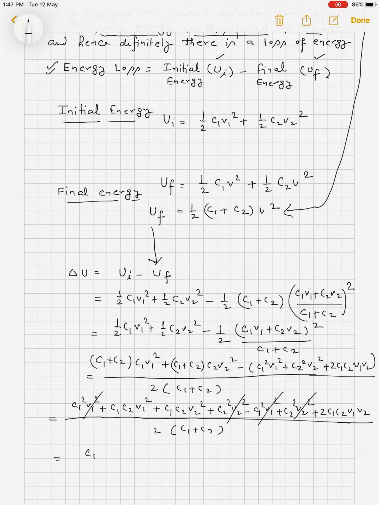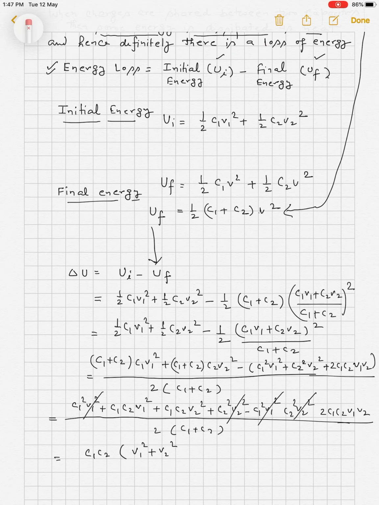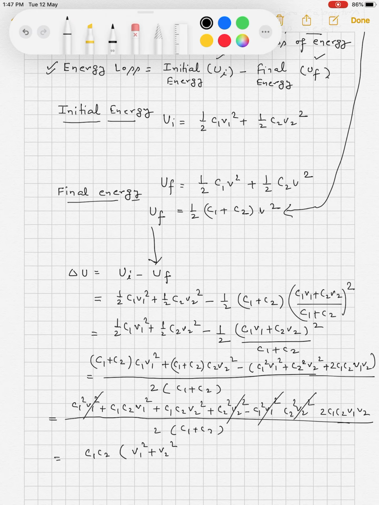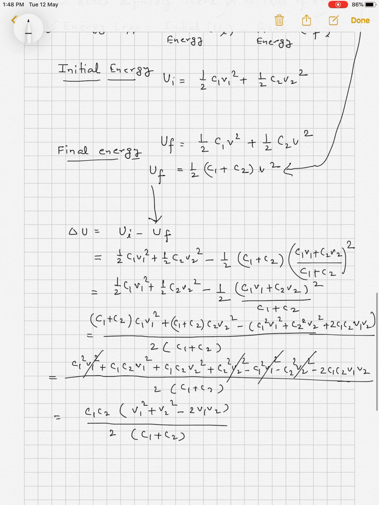We have only C1 C2 V1 square plus C1 C2 V2 square minus 2 C1 C2 V1 V2. So taking C1 C2 common, inside the bracket we get V1 square plus V2 square, here is minus, so when this bracket opens the sign will be changed, so we get minus 2 V1 V2, and here it is 2 (C1 plus C2).